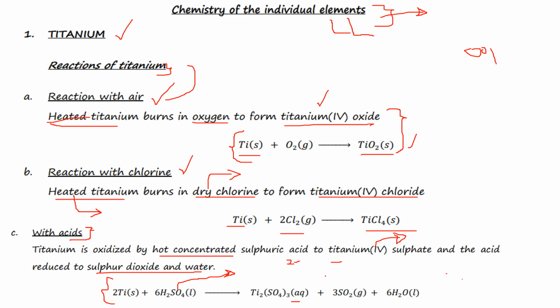So make sure that you practice balancing equations involving redox reactions, especially with hot concentrated sulfuric acid, because it's an oxidizing agent together with other reducing elements or compounds, and you understand how to balance such equations.